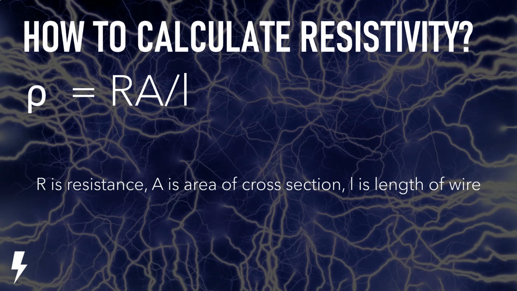So we're combining all three of these quantities, resistance, area, and the length of the wire, into one simple equation. How can we derive this equation? We know that resistance is directly proportional to length and inversely proportional to area of cross-section. If we combine these two relations, we also get a constant, which is rho, and that's how you get this equation.